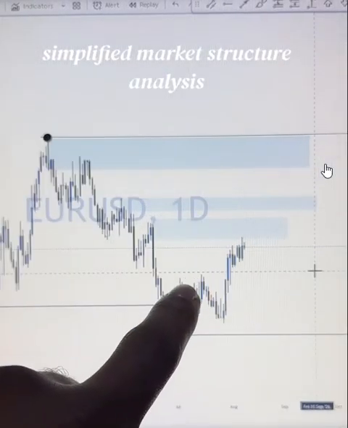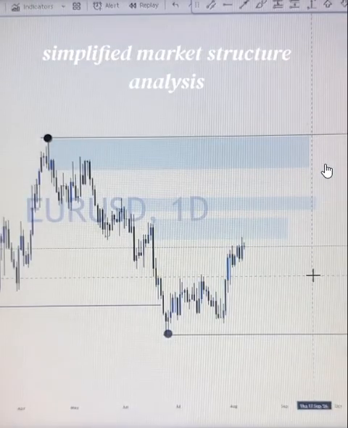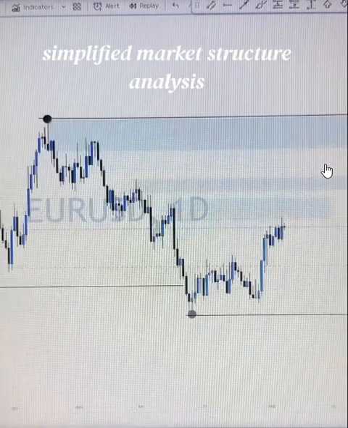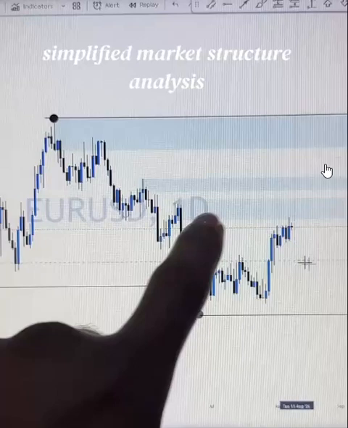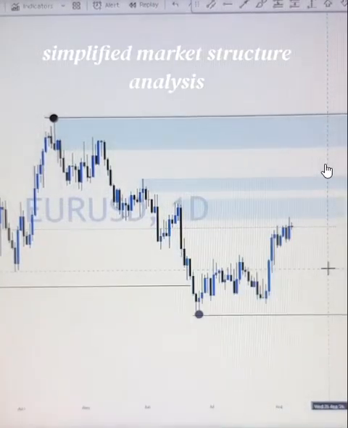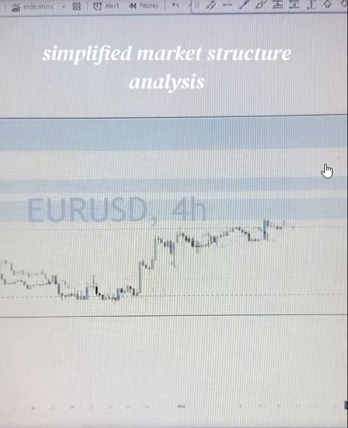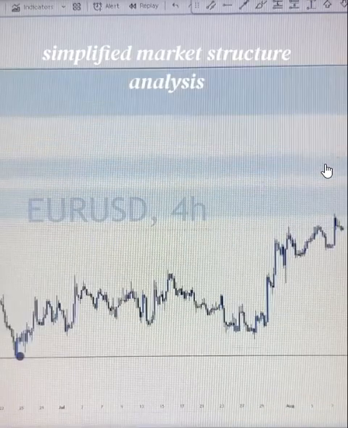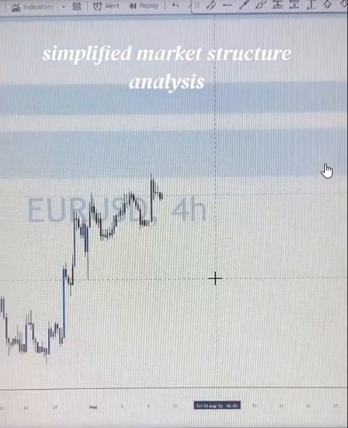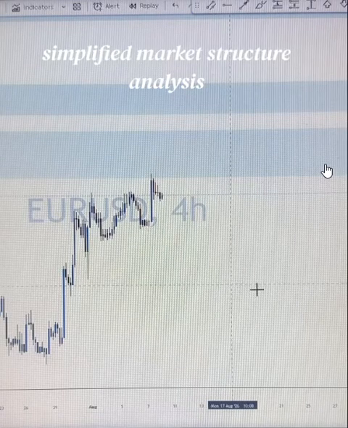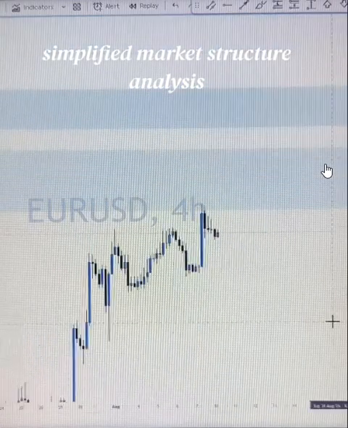Now, all I teach you here is market structure and time frame alignment. Daily is bearish and price is reacting from a key level. What do you do? You drop down to 4 hours. On dropping to 4 hours, what do we do next? Who can tell me?